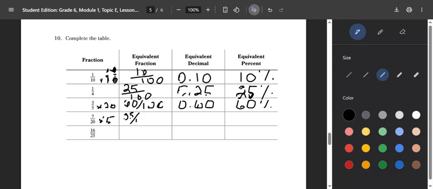And 20 times 5 is 100. So I don't know if you can see that, but that's a 35. So the equivalent decimal is 35 hundredths, which is 35%.